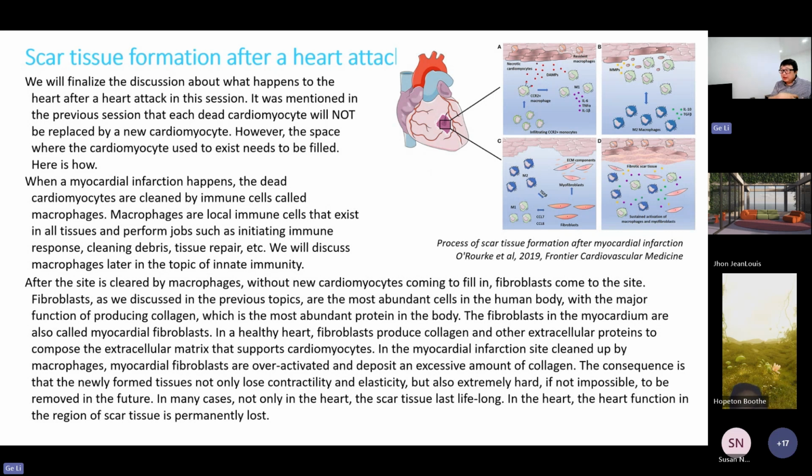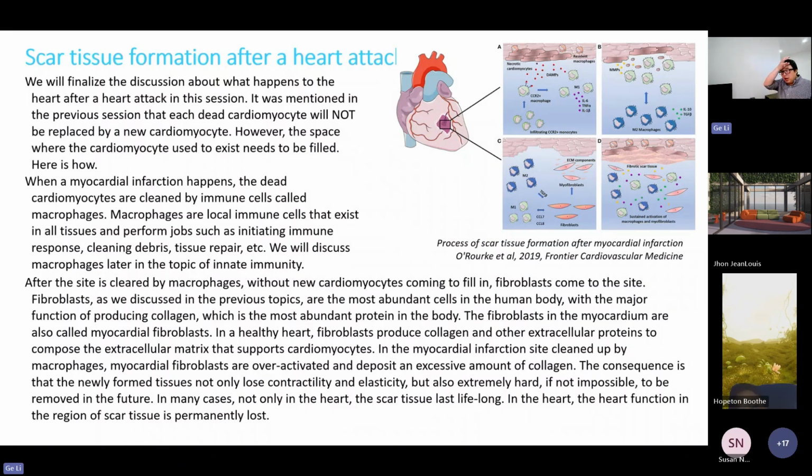And then you leave kind of a hole in the heart. Because you cannot provide the cardiomyocytes there in time, you cannot leave the hole there. Then another cell comes, called fibroblasts. Fibroblasts come here to deposit a lot of collagen.